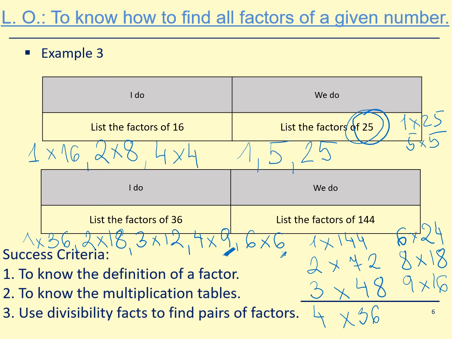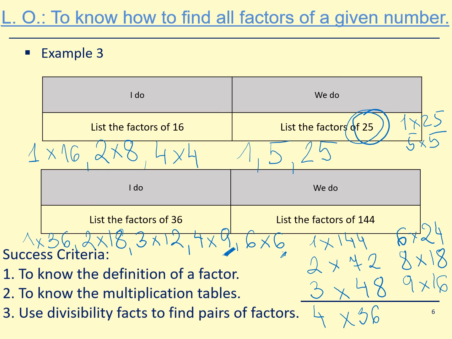So, okay, 11 times 10 is 110. 11 times 11 is 121. 11 times 12 is 132. 11 times 13 is 143. So 144 is not in the 11 times table. What about 12?